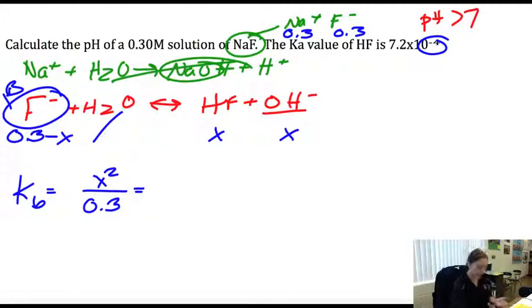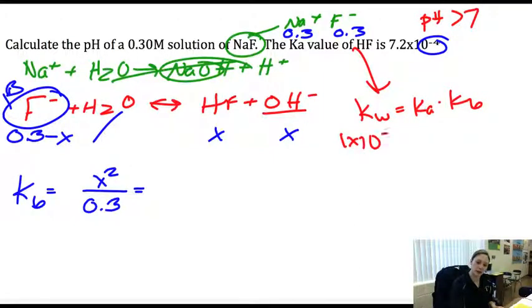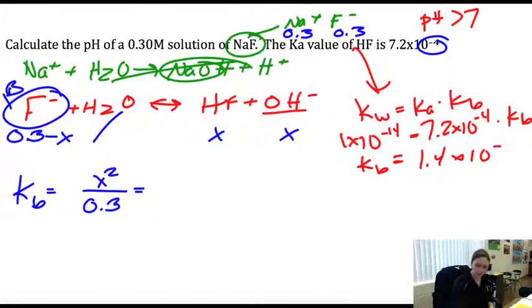They gave me a Ka value. Well, okay, Kw equals Ka times Kb. Kw is the 1 times 10 to the negative 14th. I know my Ka, 7.2 times 10 to the negative 4th. Divide and get my Kb. My Kb value then is 1.4 times 10 to the negative 11th. So that's what I put in over here.